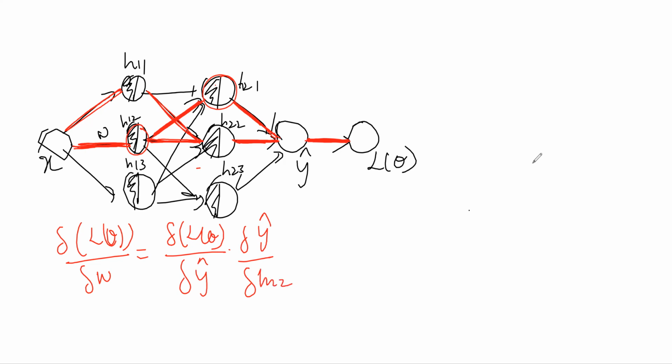H22 into delta H22 divided by delta H21. I want this part. H12 into delta H12 by delta X.